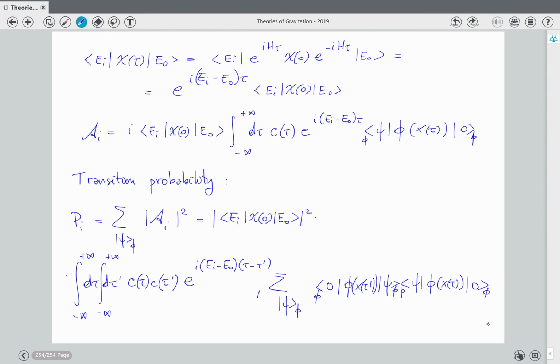But now you see that you can use the completeness relation to get rid of the states you don't observe, because that thing is equal to 1. So maybe I can write it like this.